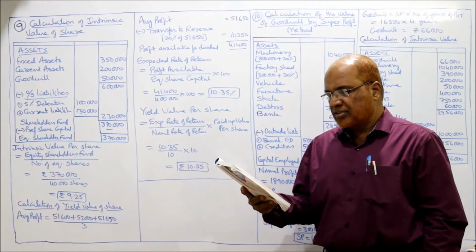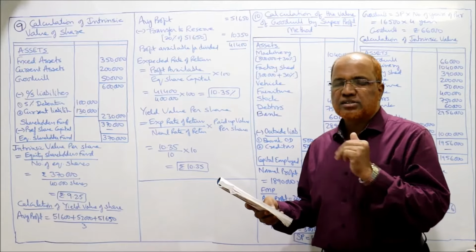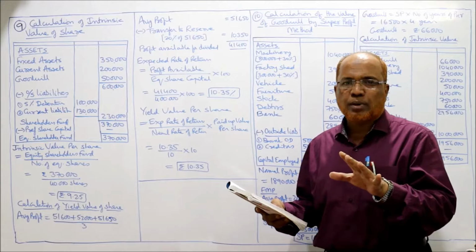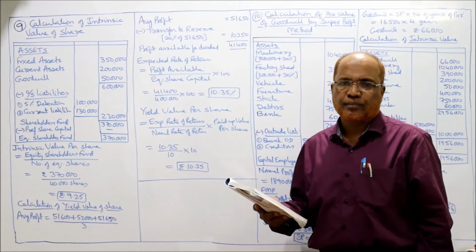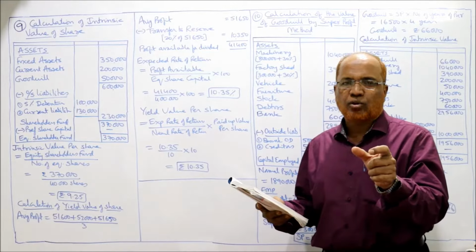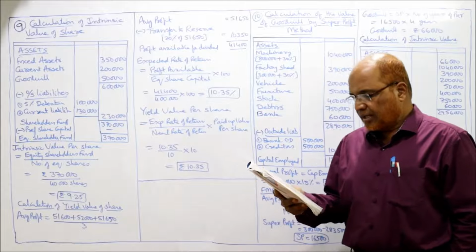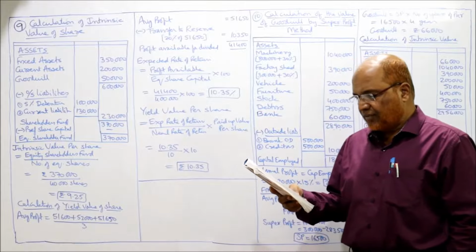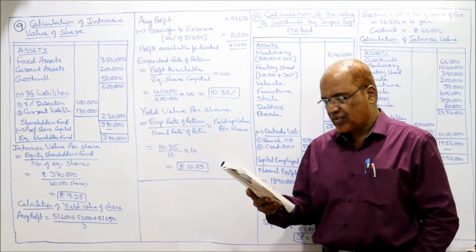The net profits for the 3 years are also given. That means in this problem, we have to calculate both intrinsic value and yield value. The value we find from the balance sheet is the intrinsic value, and the value we find from profit is the yield value. The net profits for the 3 years are: 2003, 51,600; 2004, 52,000; 2005, 51,650.